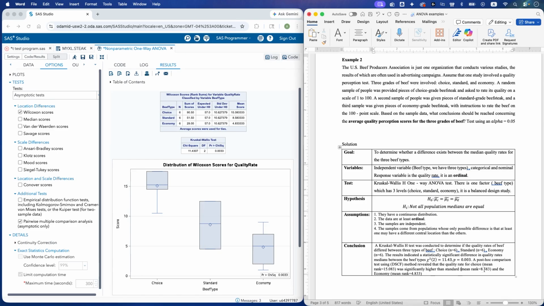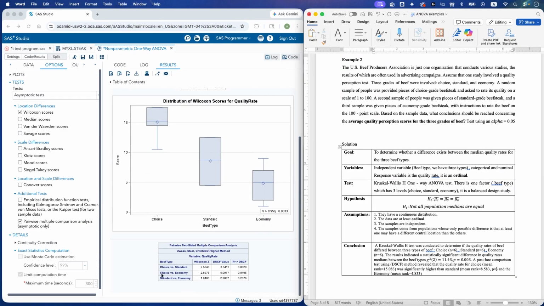Let me report the p-value here. Between the choice and standard, we have 0.033, and the choice and the economy, we have 0.011.